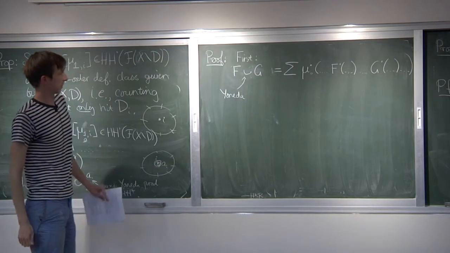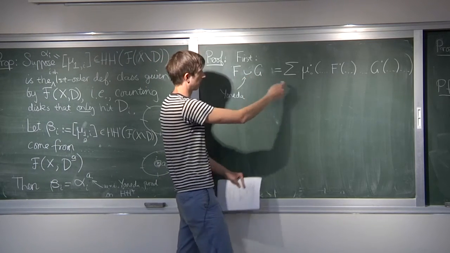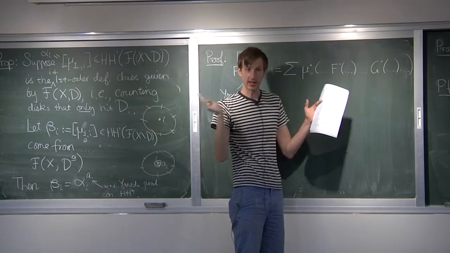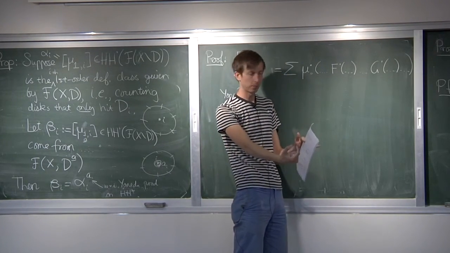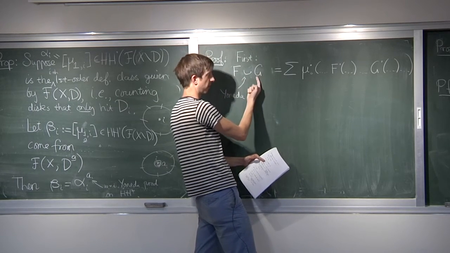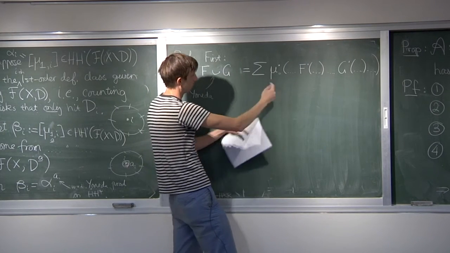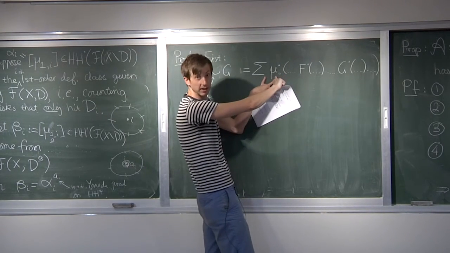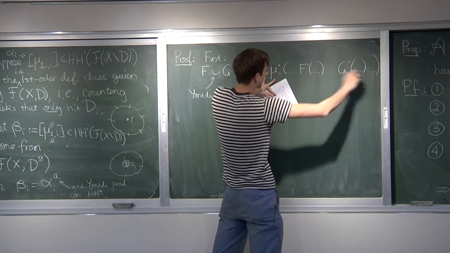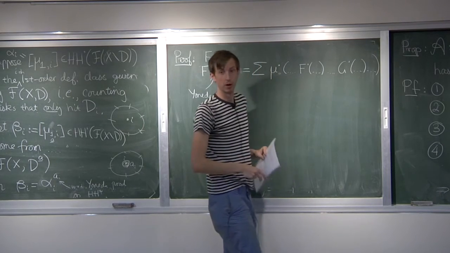So here is a formula for the cup product. If I take Hochschild cochains F and G, so they take in a bunch of inputs and spit out an output, the cup product of them, when we take in a bunch of inputs, the output is given by taking the A infinity structure, mu, and inserting all these guys with an F inside here on the left and a G inside here on the right.